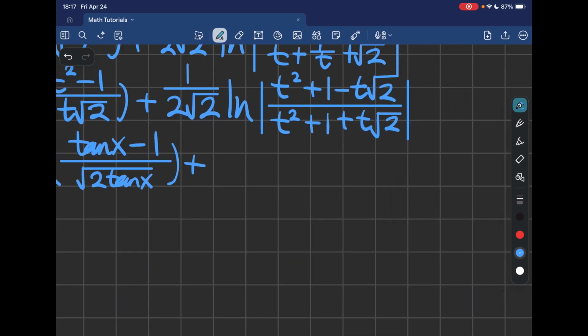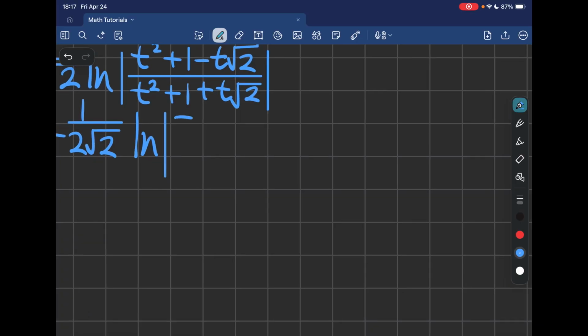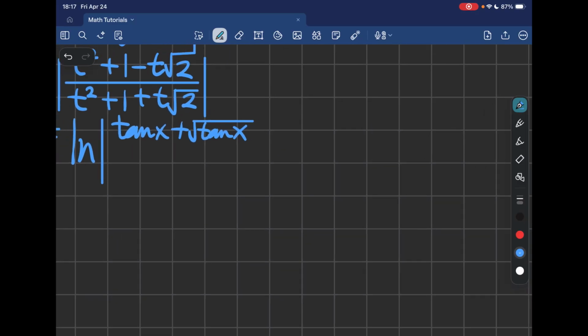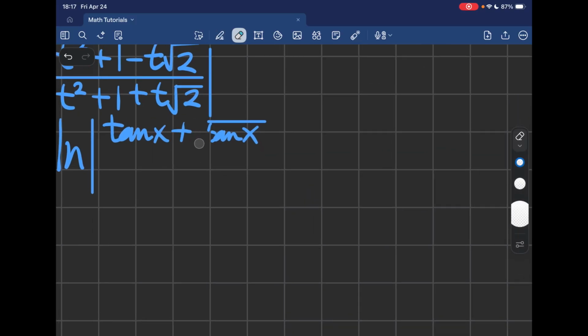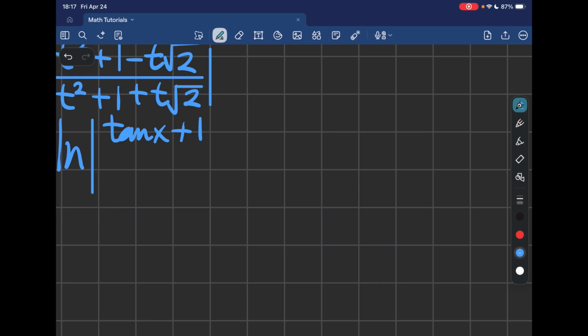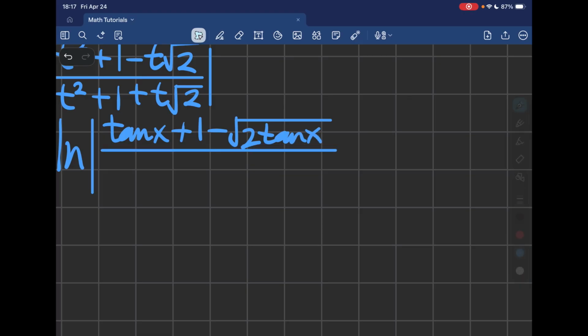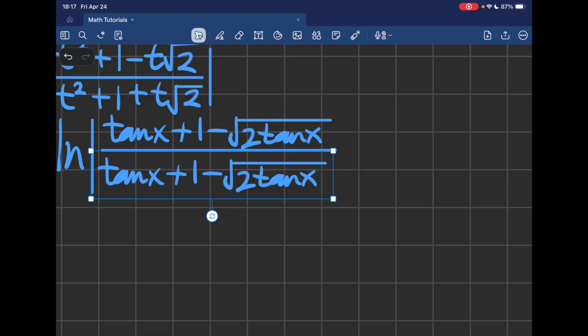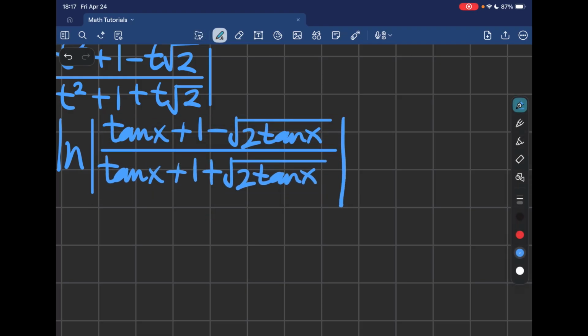And then plus, so that will be 10x plus 1 minus square root of 2 10x. The denominator just differs by a sign.